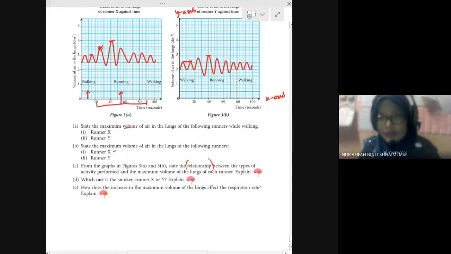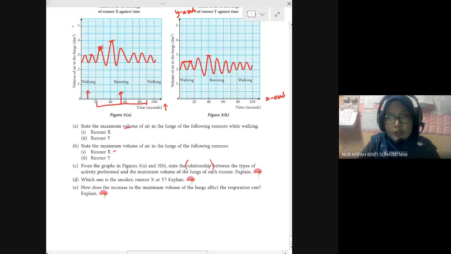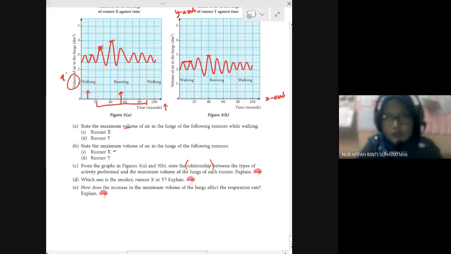Either you take sub-science or pure science. Relationship mesti tengok dia punya x-axis and y-axis. Okay. Let's say we look at time first. When time increase from 20 to 100, what happened to the volume?